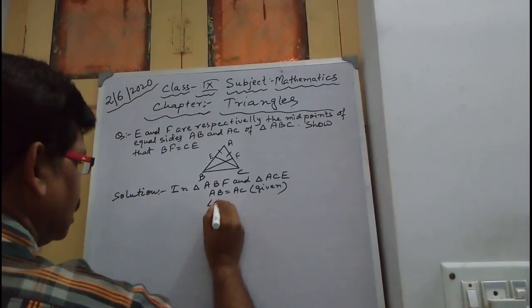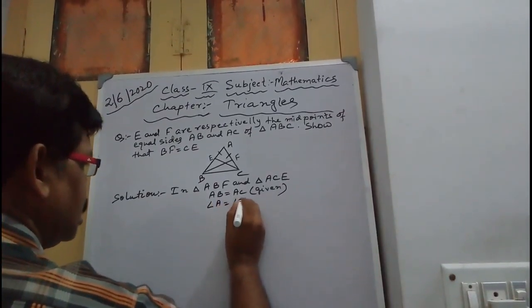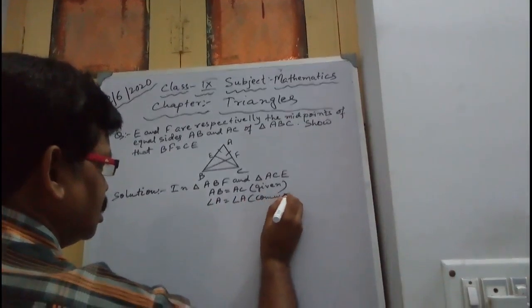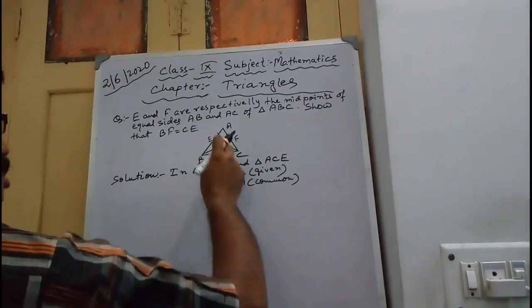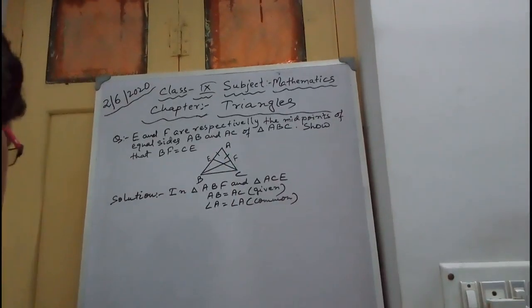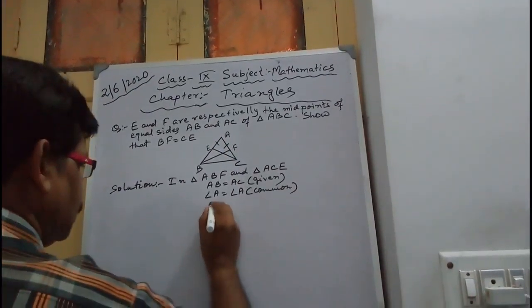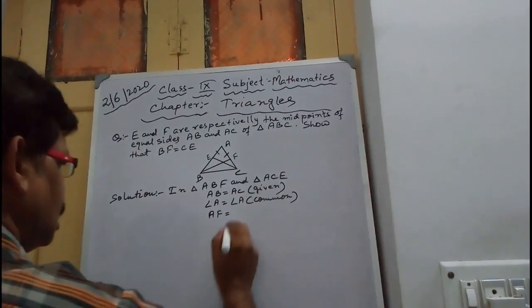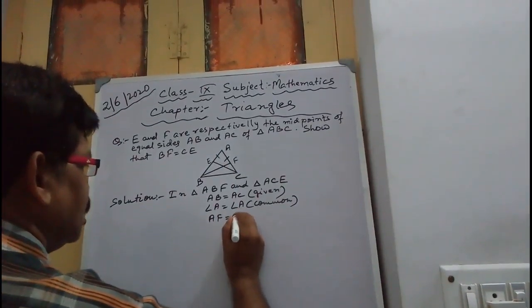Angle A is equal to angle A, common, angle A is common for both the triangles. AF equal to AE.